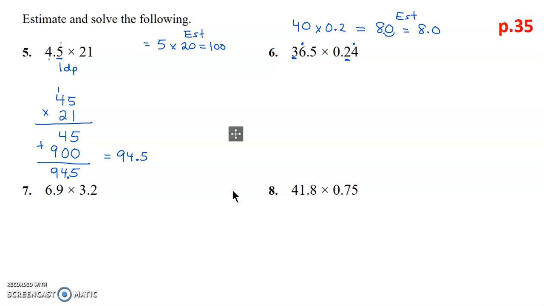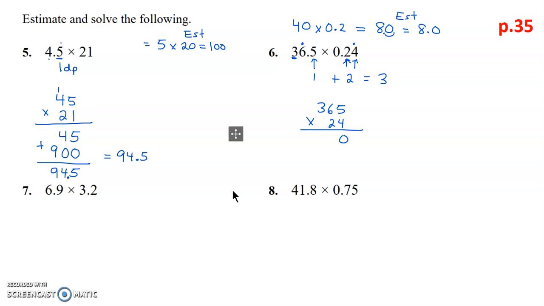If we take our actual, we look and see that I have 1 decimal place here and 2 decimal places in my multiplier. So my answer will have 3 decimal places. 365 times 24.